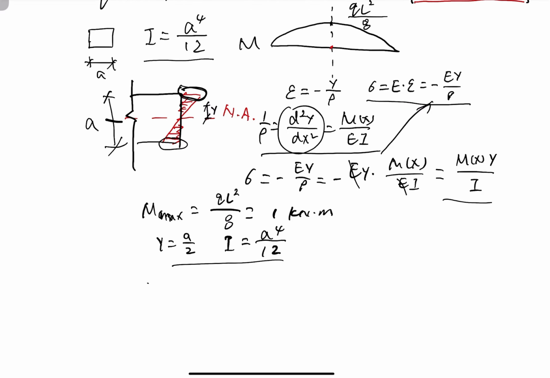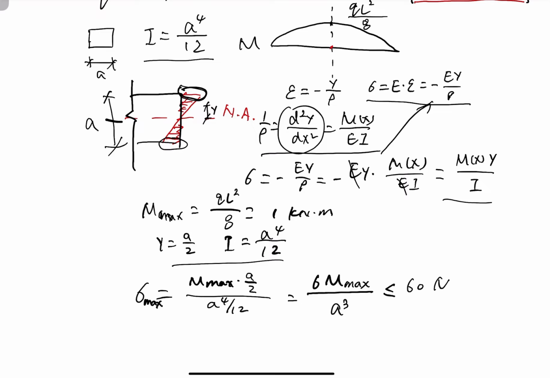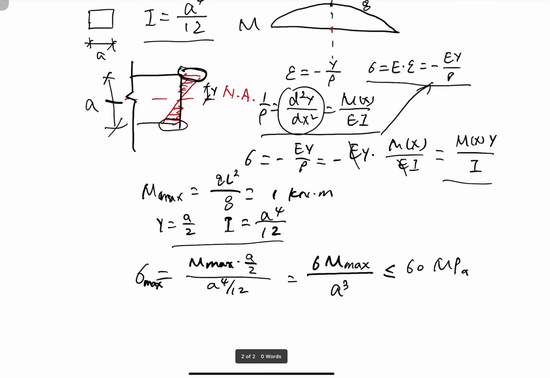We get the maximum stress equal to the maximum bending moment times a over 2, divided by a to the fourth over 12, which gives 6 M over a cubed. The maximum stress has to be less than 60 megapascal.